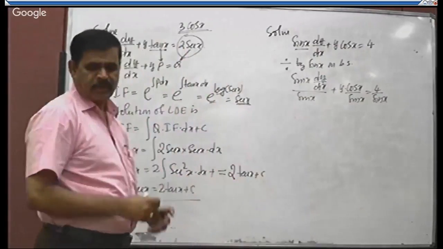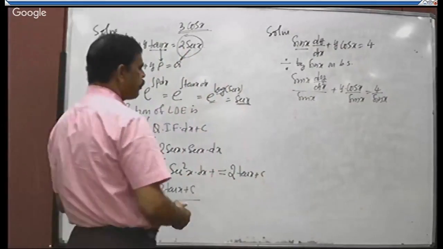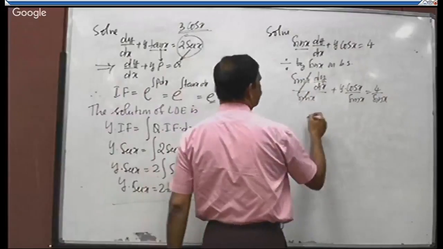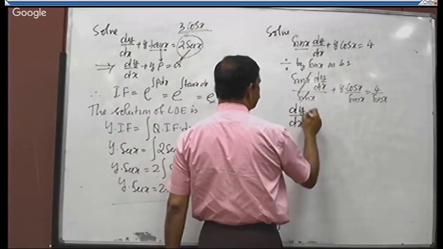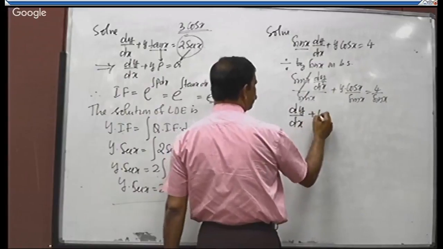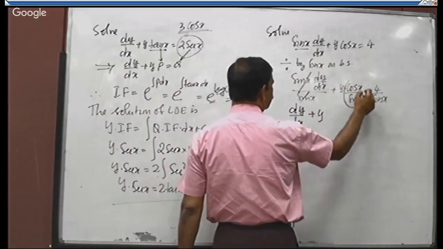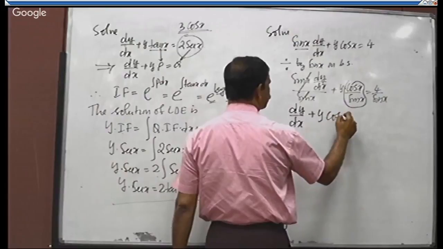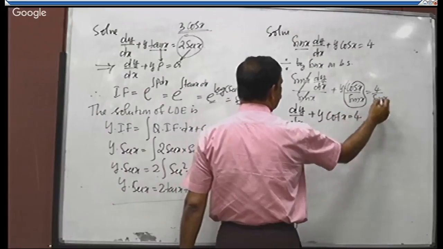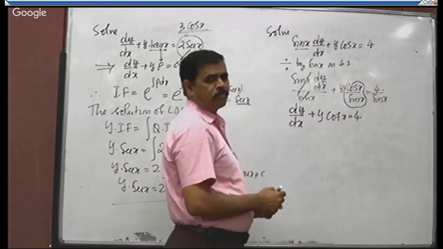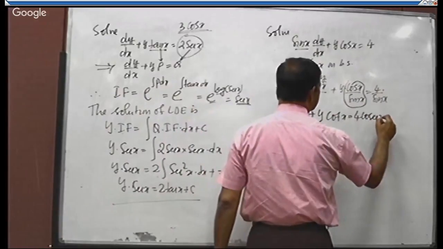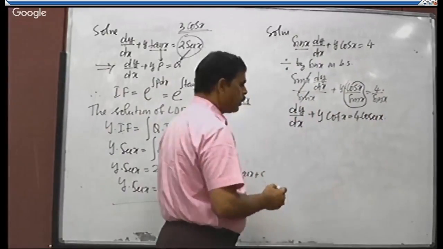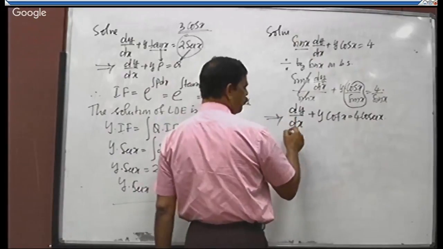Sin gets cancelled in the first term. What is remaining? dy by dx plus y into, what is cos x by sin x? It is cot x, right? 4 into 1 by sin x is what? 1 by sin x is cosecant x. Right?